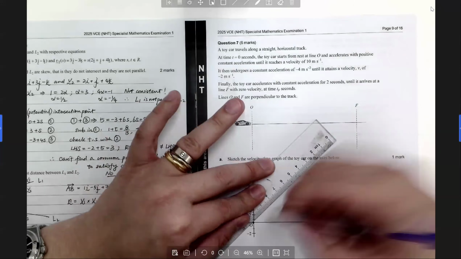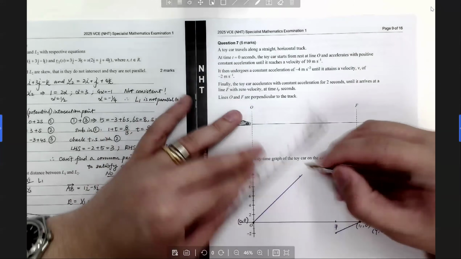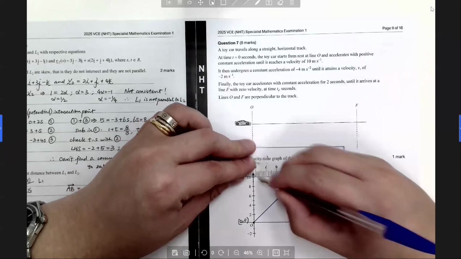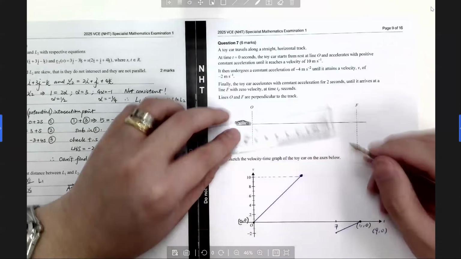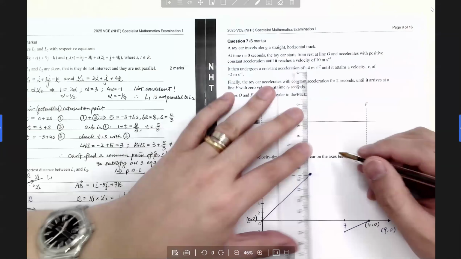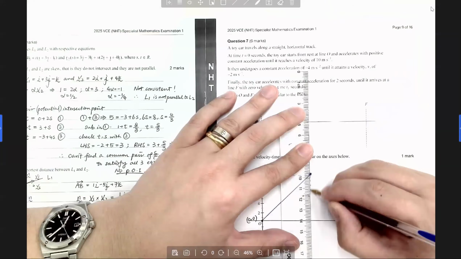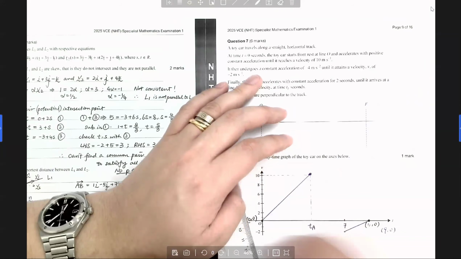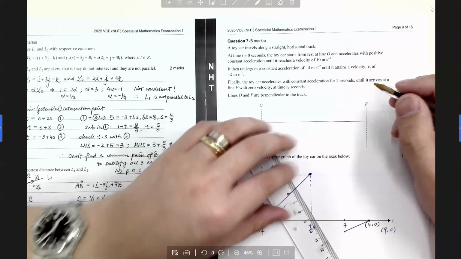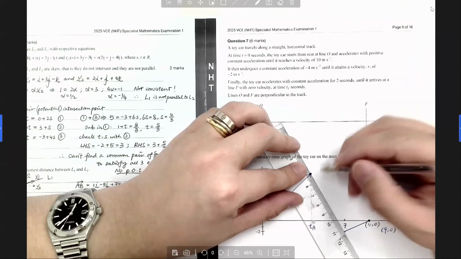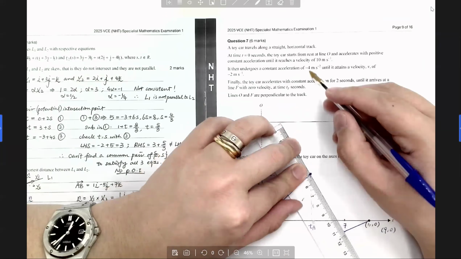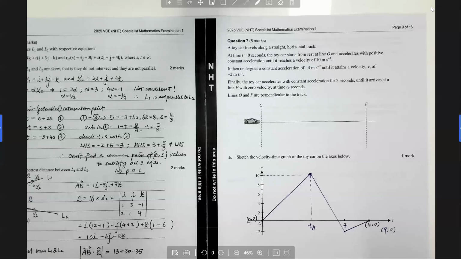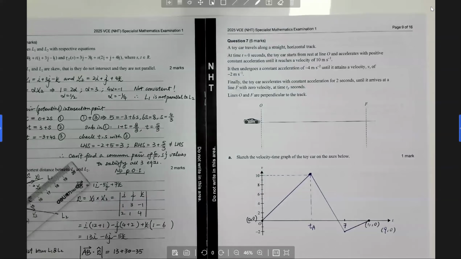So, okay. This is up to velocity 10, okay? Up to velocity 10. Let's call this TA. TA, T acceleration, and then deceleration of minus 4, etc. Hopefully that's the required velocity time graph.